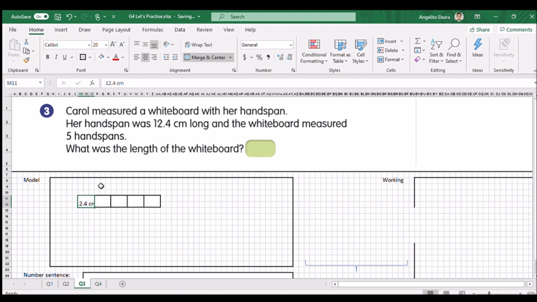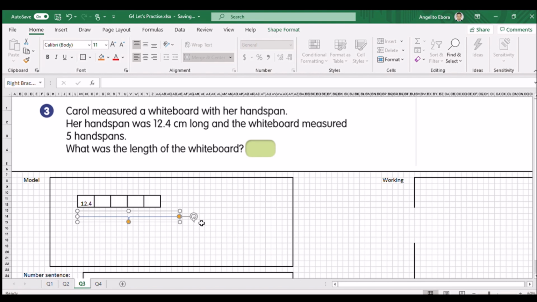The unit cannot be seen, so I just remove the unit here. This one is the length of her handspan, which is 12.4 centimeters. And because she used her handspan to measure the whiteboard, 5 handspans, so 1, 2, 3, 4, 5. So what is the length of the whiteboard? That's the length of the whiteboard.